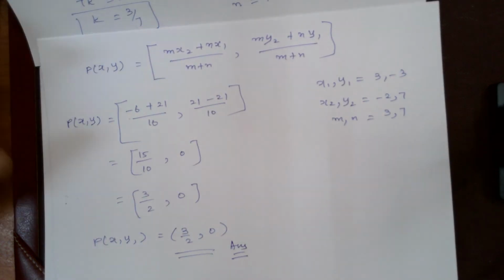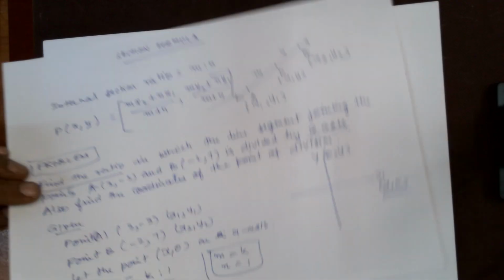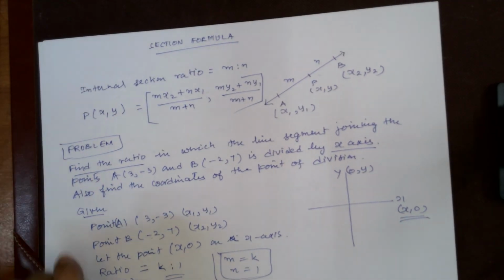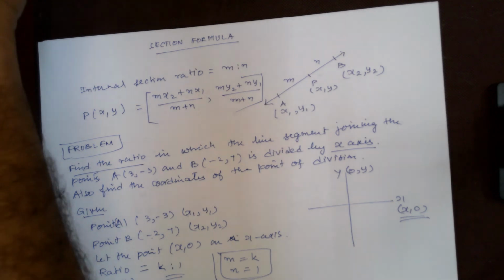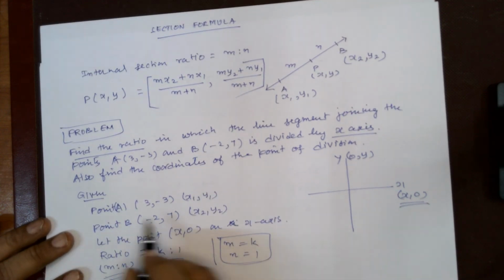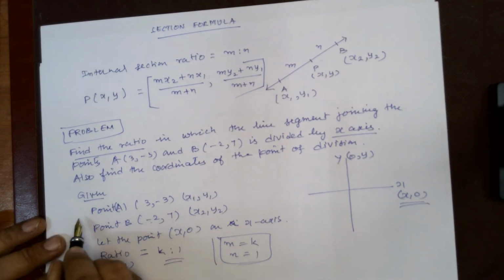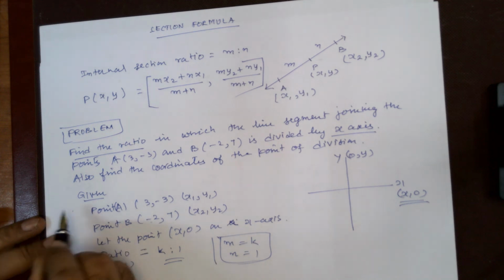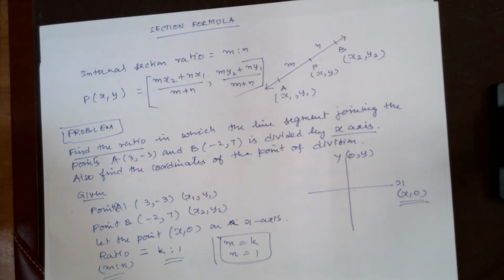Okay. So what are the key steps in this problem? The first step is, we write all these points as x and y, x1 y1.